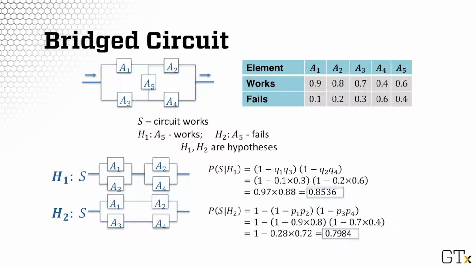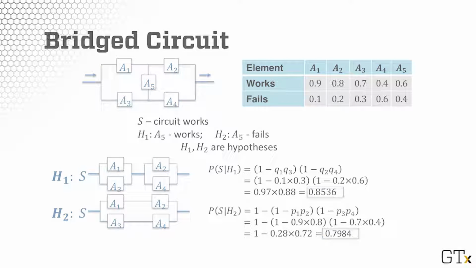Multiplying these probabilities of failing, I get that this parallel connection fails. So 1 minus P1 P2 times 1 minus P3 P4 is the probability that this system S is failing. And then I take 1 minus that, finally, to find that this system is working. When I do the algebra, the result is 0.7984.